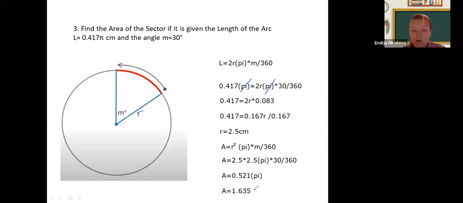So I just multiply all the values given, I multiply all of them and I get this number. Then I multiply by pi, so I get the area of this sector.